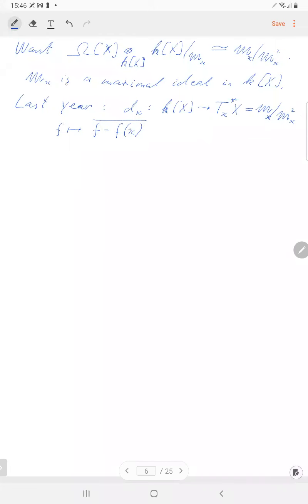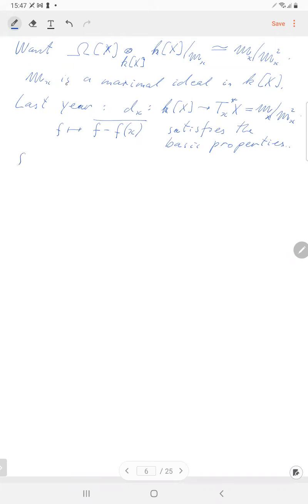Again, it satisfies the standard basic properties like Leibniz rule, additivity, and so on.